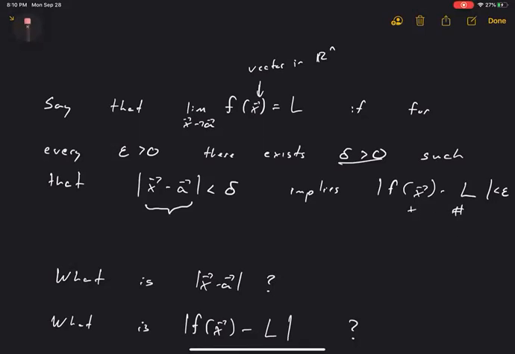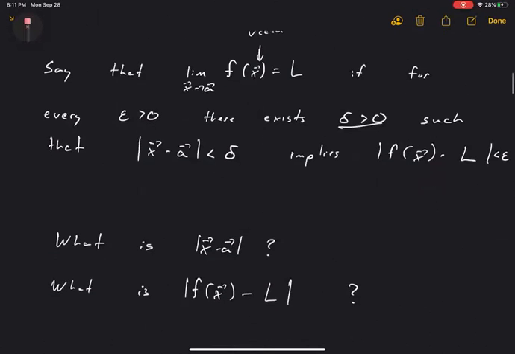So what do these Greek letters delta and epsilon represent? We're saying that for every epsilon greater than 0, no matter how small, epsilon could be 1 over a billion, it could be 1 over 100 trillion, it doesn't matter how small it gets. No matter how small epsilon is, if we take x minus a to be small enough, f of x minus L is eventually going to be less than that epsilon. So that's what this epsilon delta definition of the limit means.